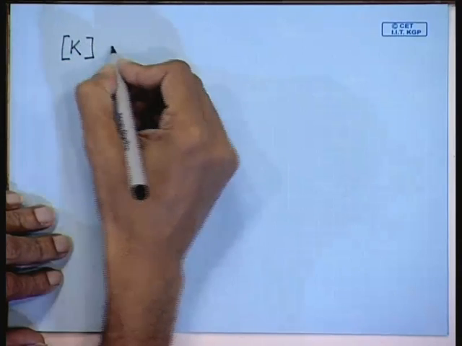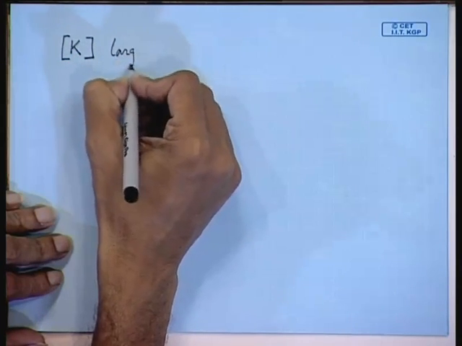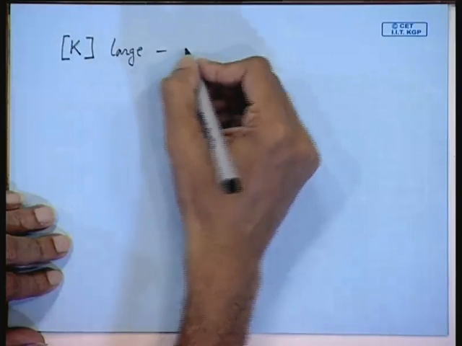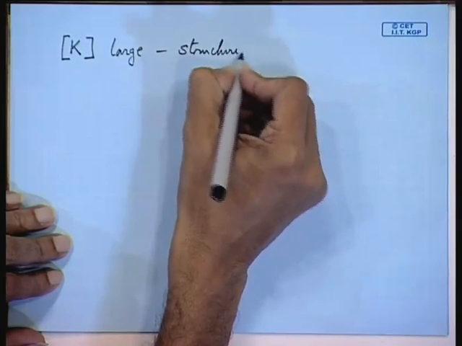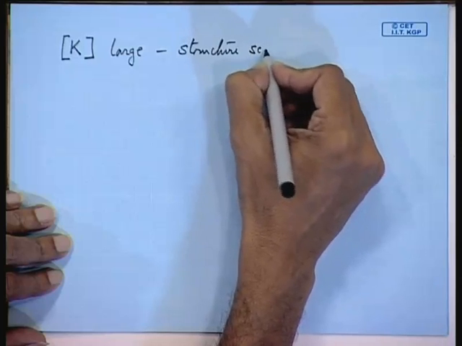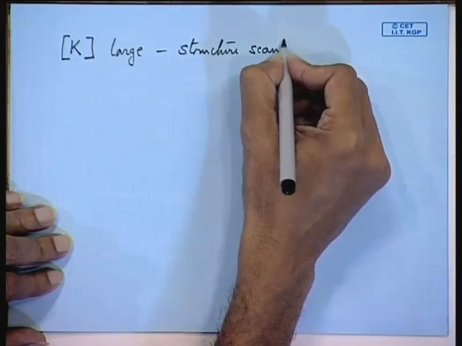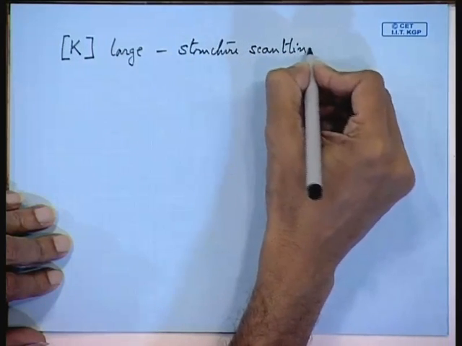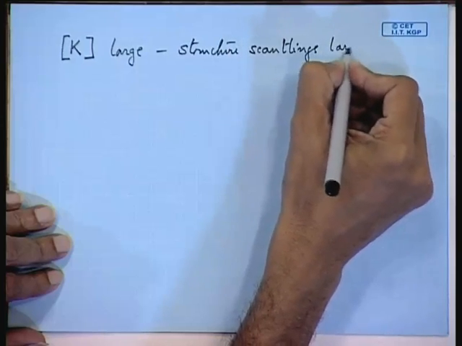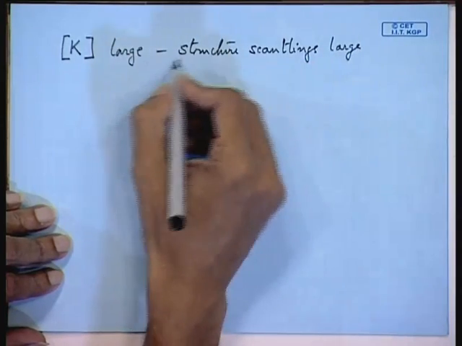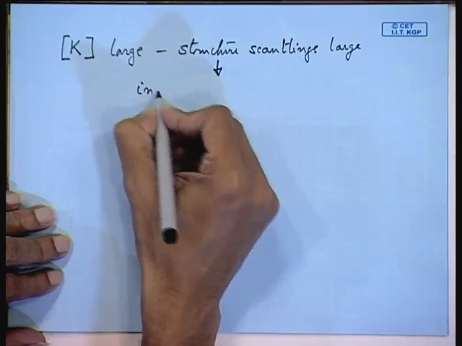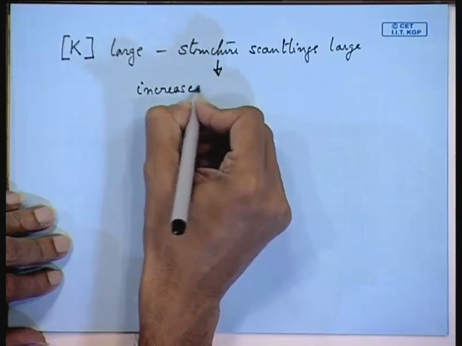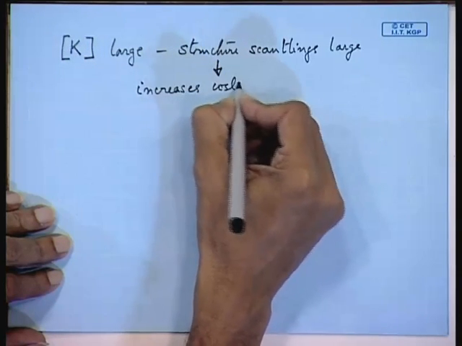Now, k large means the structure scantlings large. So, that is very good, but this also increases your cost substantially.